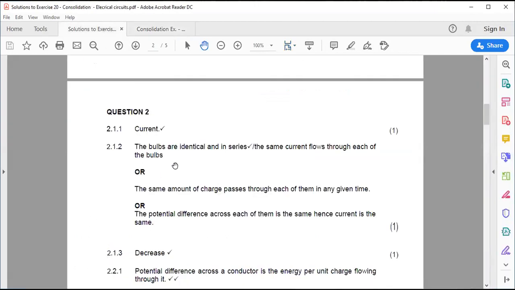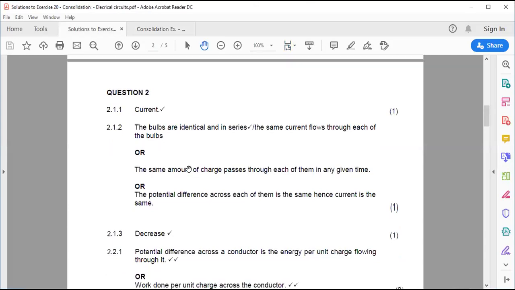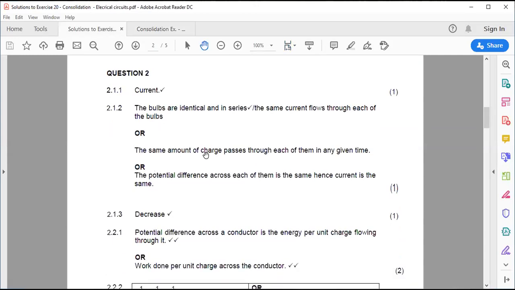Maybe there are three ways to give the answer. Number one, the bulbs are identical and in series. That's a mark. Or you can say the same current flows through each of the bulbs. Or you can say the same amount of charge passes through each of them in any given time. So they're getting the same amount of charge, which is basically current. You are defining current in a different way.